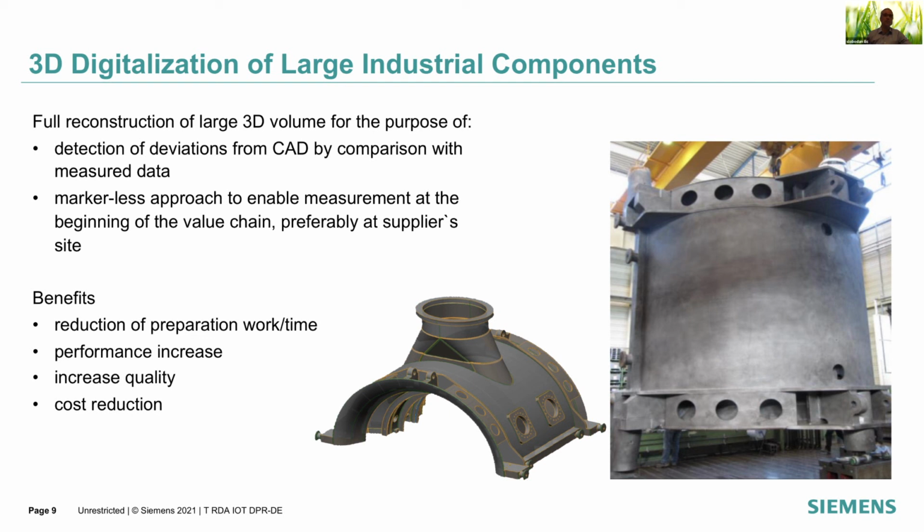So for us, it was important to build something completely markerless. The benefits of building these high quality models would be reduced preparation work and time, performance increase, increased quality, and cost reductions.